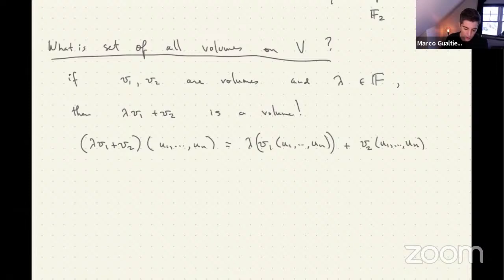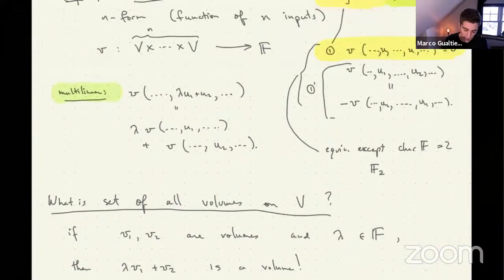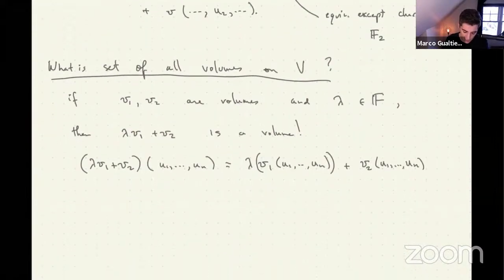Okay, and you can check that. Well, it's easy to see just from the formula that if I switch ui and uj, that will switch it here and give me a minus sign, and we'll switch it here and give me a minus sign. So this will be anti-symmetric. And it will be multilinear, just because this is multilinear, this is multilinear, and if I take a sum of linear things, it'll be linear.